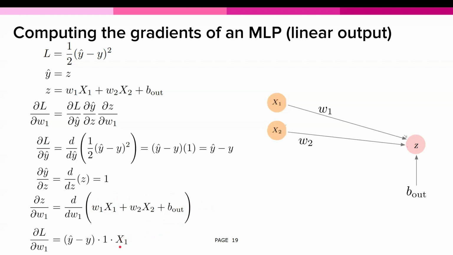Then we can multiply all those together to get the partial derivative of the loss with respect to w1. That would be y hat minus y, then 1 for the partial of y hat with respect to z, and then the partial derivative of z with respect to w1, which is simply x1. This gives us the gradient of L with respect to W1.